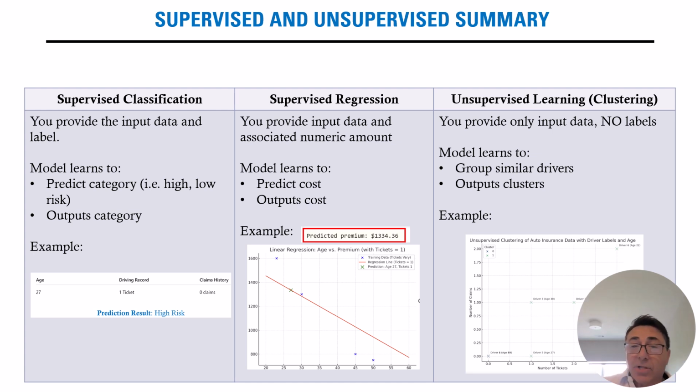In unsupervised learning, clustering, we don't provide it any labels or classification. The clustering helps us determine what type of classification or label to give it, because it groups similar drivers or similar symptoms and outputs those clusters for us to see.